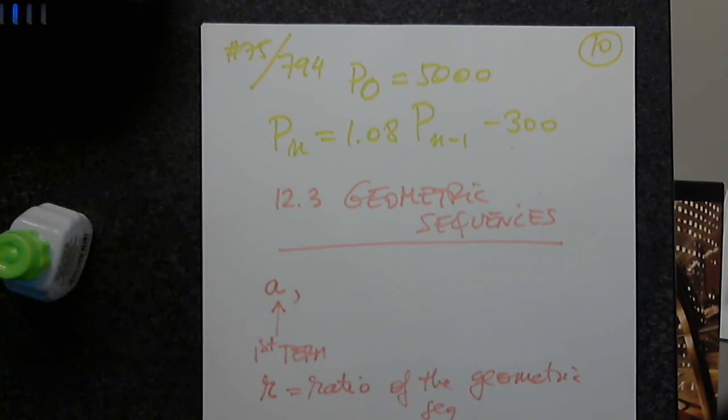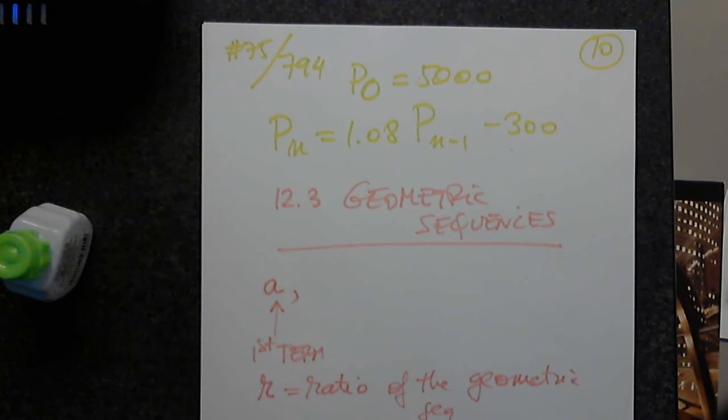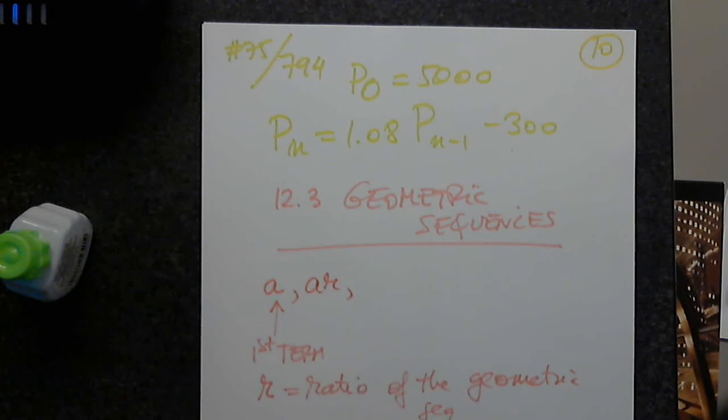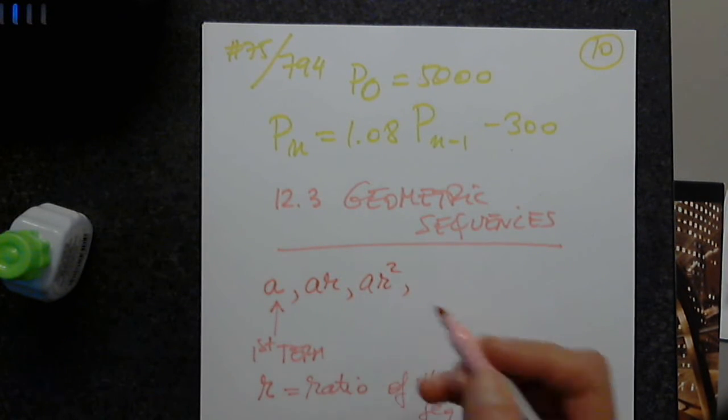So the next term, can anyone give us the next term? If it's obtained multiplying the first one by R, AR, comma. Can anyone give us the next term? That's it. And the next term.